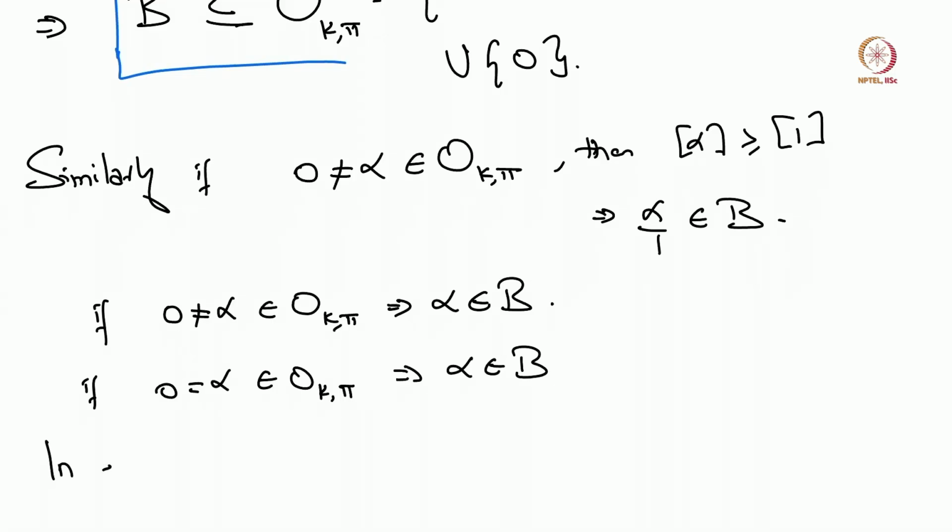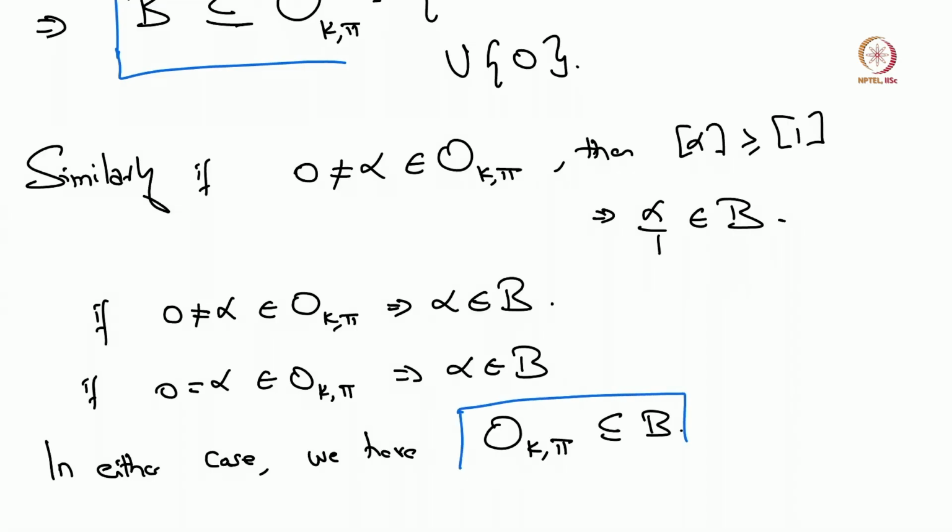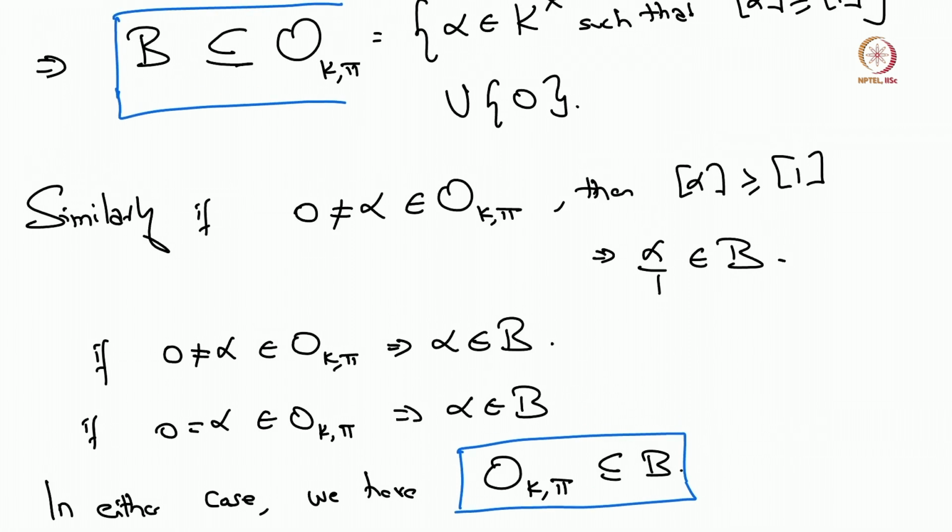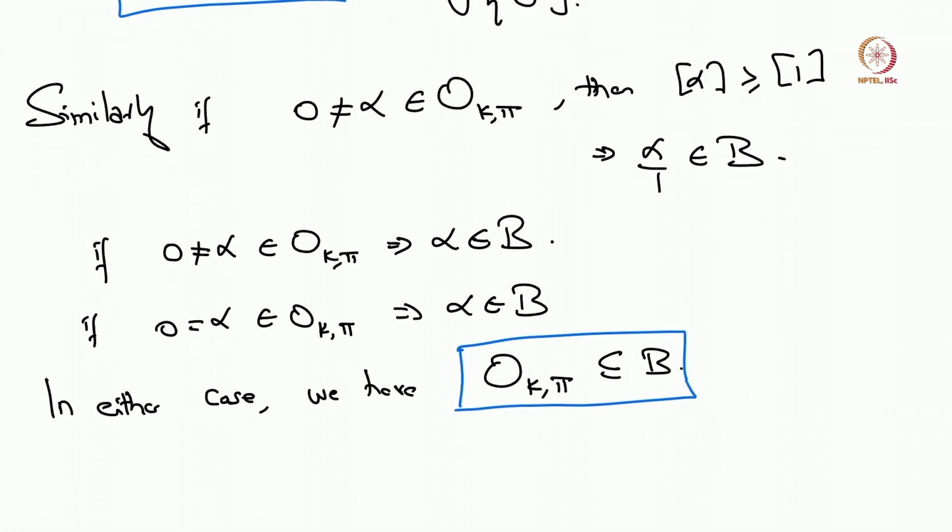So in either case, what we have is the reverse inclusion, that the valuation ring OK pi sits inside B. So combining the two inclusions in the blue boxes, we get equality. Thus we get that B is in fact OK pi.